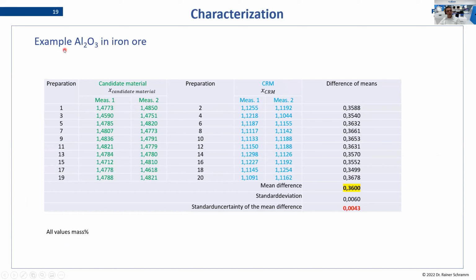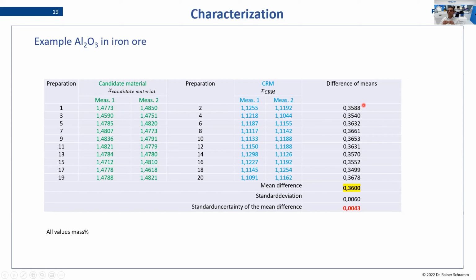And here I have an example where we measure aluminum oxide in an iron ore, prepared as a fuse bead. What you see now is that when we determine the aluminum oxide in the candidate material, we are around 1.5%. And in the CRM we want to compare with, it's about 1.1%. We calculate the mean value of these 2 measurements, and then we get a difference.